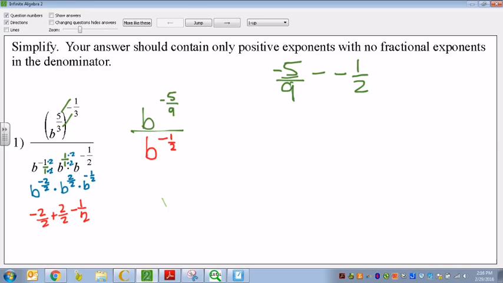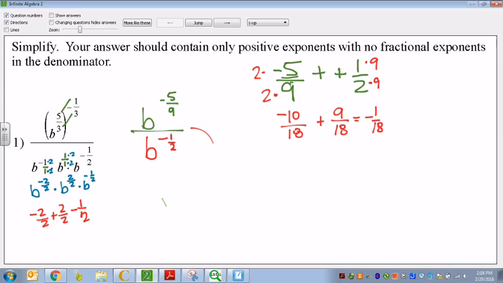So those become positive. Now I need to make a common denominator. Looks like 18 is going to be it, so I need to multiply this by 2, top and bottom, and multiply these by 9, top and bottom, which is going to give me negative 10 over 18 plus 9 over 18, which is negative 1 over 18.